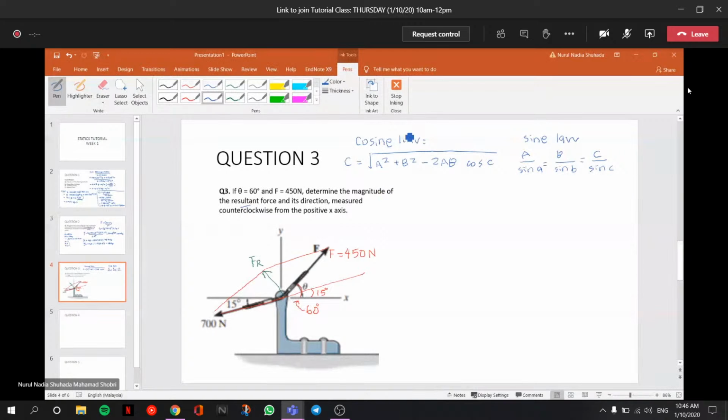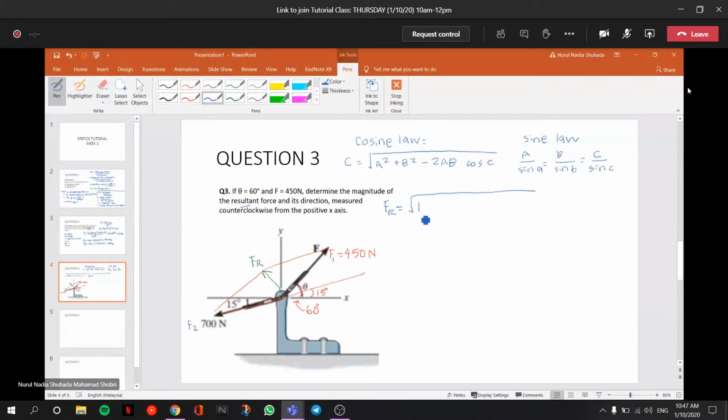If we change the letters according to our problem, it will be something like this: this is F1, we assume this is F2.